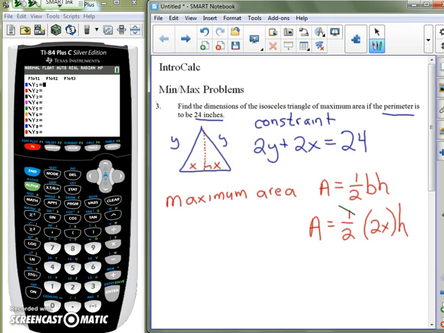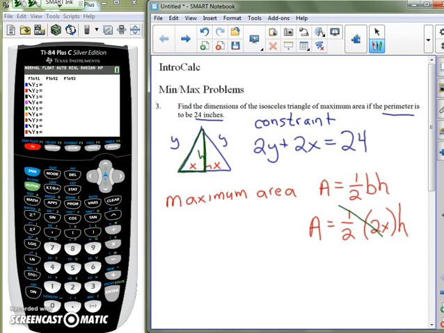And you can see that decision's already paying off by getting 1/2 times 2, and they cancel out. Now, the problem is that h is a new variable, and we need to have some relationship between y and x and h.